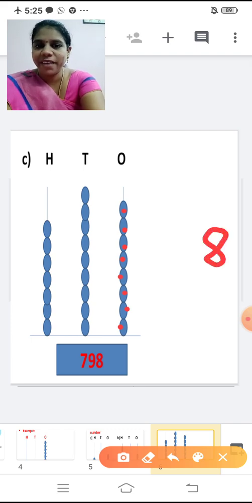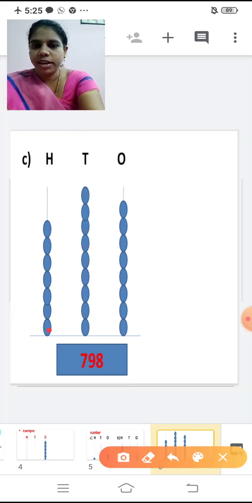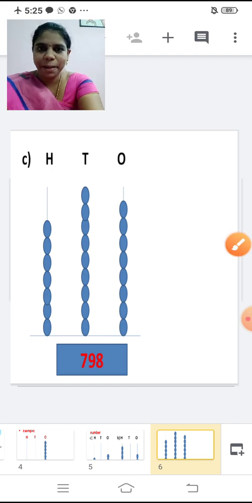In the tens place we have 1, 2, 3, 4, 5, 6, 7, 8, 9. 9. In the hundreds place 1, 2, 3, 4, 5, 6, 7. 7.